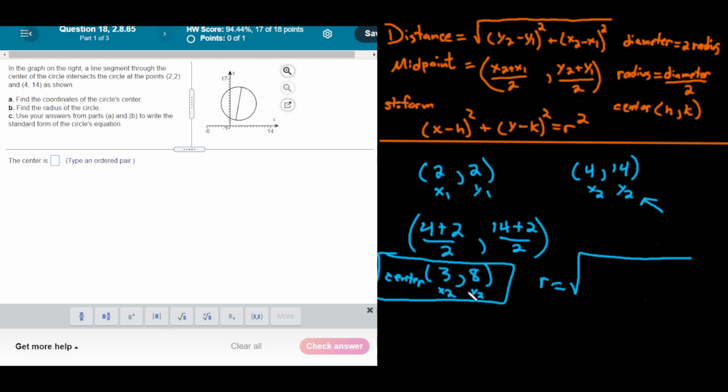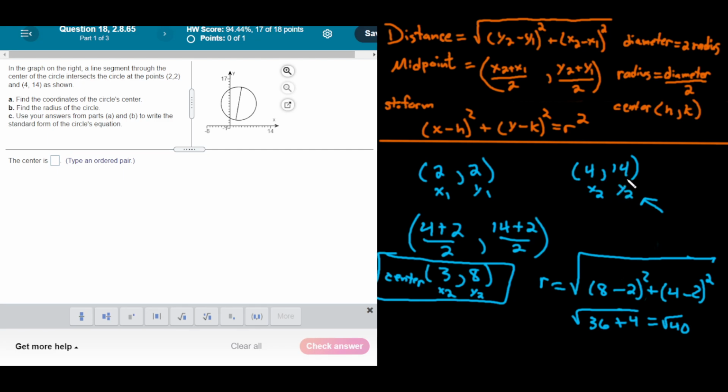So it's y2 minus your y1 squared plus x2 minus your x1 squared. So 8 minus 2 is 6. 6 squared is 36. Plus 4 minus 2 is 2. 2 squared is 4. You're going to get a square root of 40.